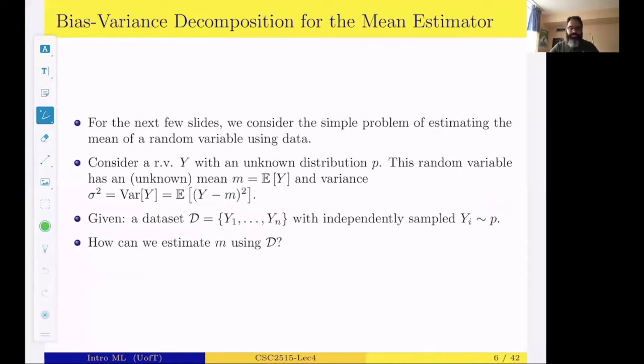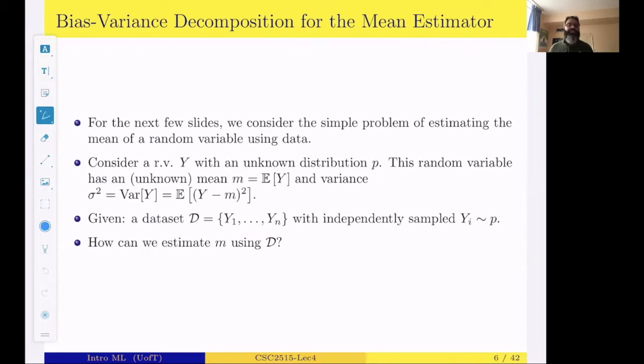Instead of starting from a complex machine learning algorithm, we start with something very simple, which is estimating the mean, the average, of a random variable. This is the simplest learning problem: we want to estimate the mean of a random variable given a bunch of samples from it.